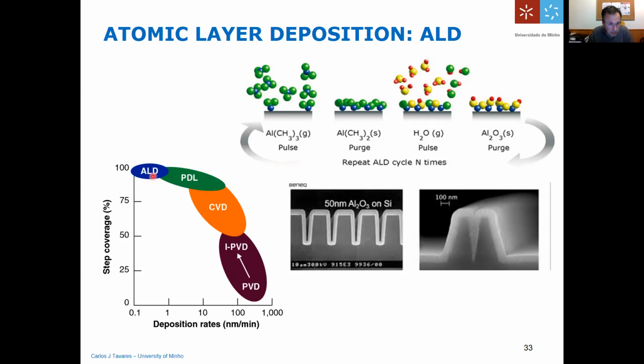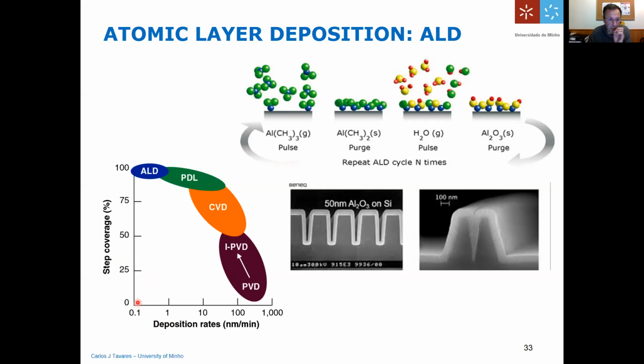But anyway, you can see here from this graph the step coverage. In ALD, you have a very high step coverage. It means that you have a very good coverage of your substrate, okay? But the drawback is that the reaction rate is really very low.